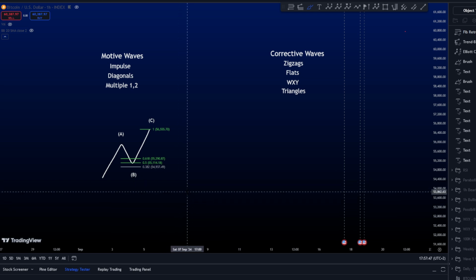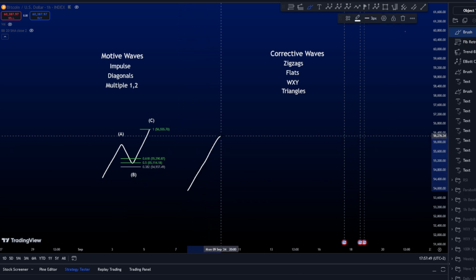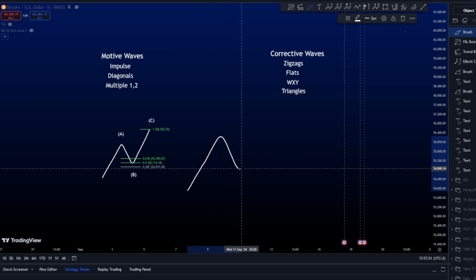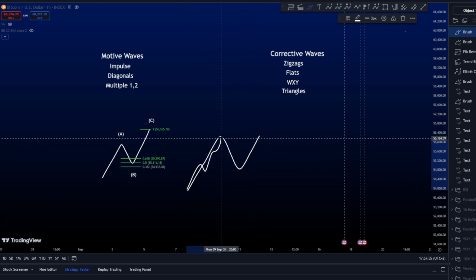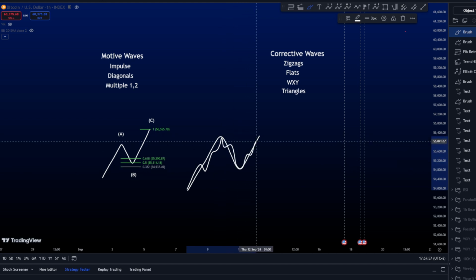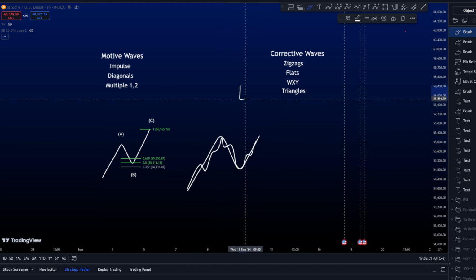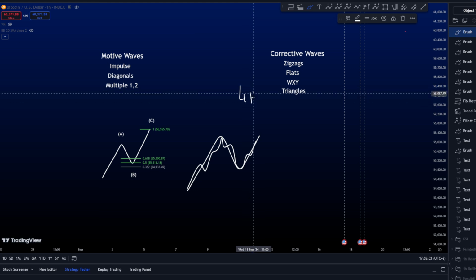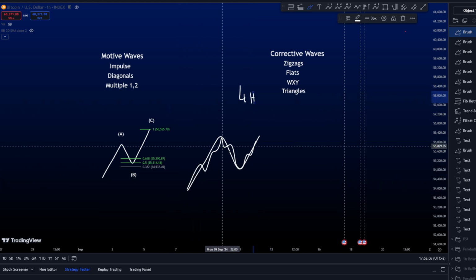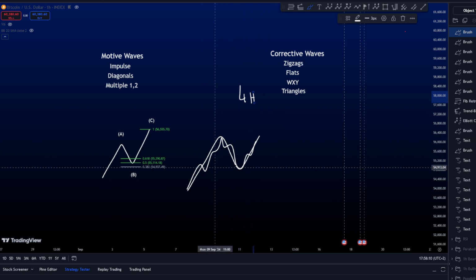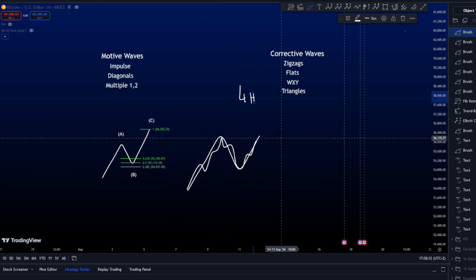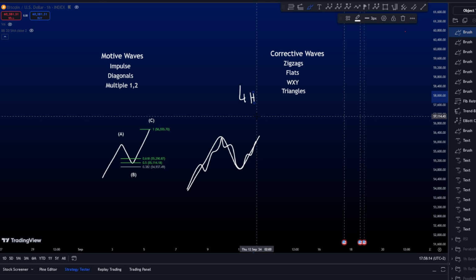By all means, if you are looking at a correction wave on the 4-hour chart, let's say, and you are looking for a zigzag, you have 5 waves up and then 3 waves down, and then you are looking for 5 waves up. Now you are on the 4-hour chart, okay? That means this is a big correction wave, and not on the 15-minute chart, for example, because on the 15-minute chart it will be very, very risky.